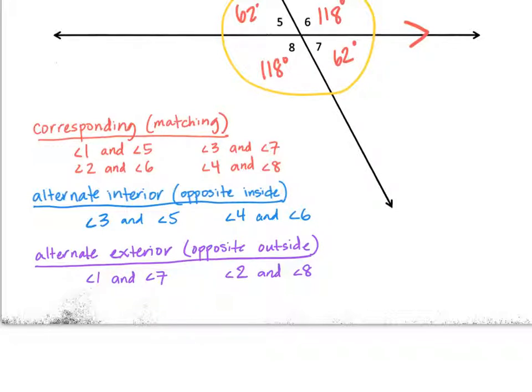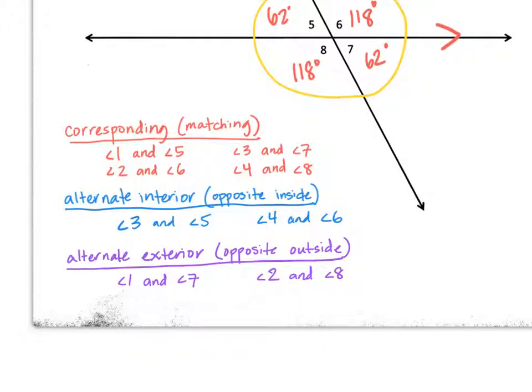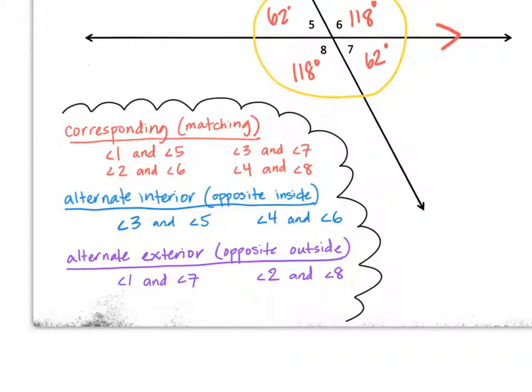We still have more angle relationships, by the way, but I wanted to group these together. These are always equal. And let me add the requirement that for them to be equal, the lines have to be parallel. If the lines are parallel, we have a transversal, right?